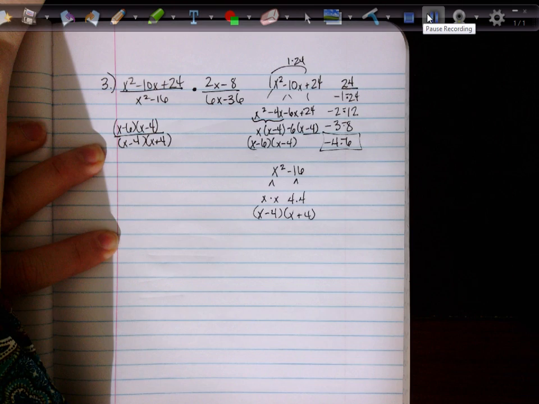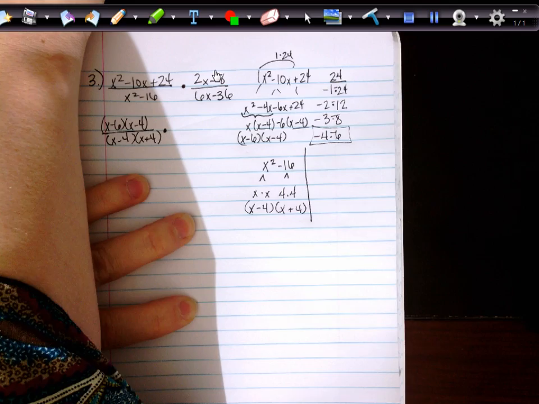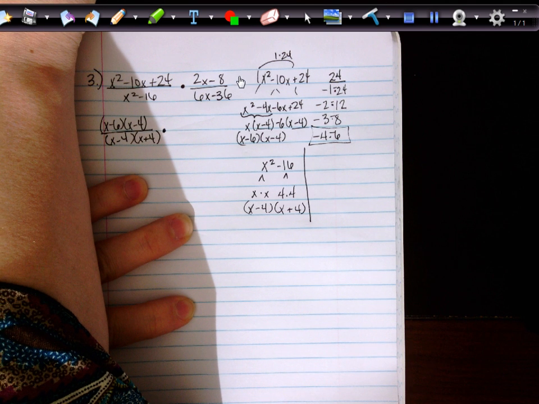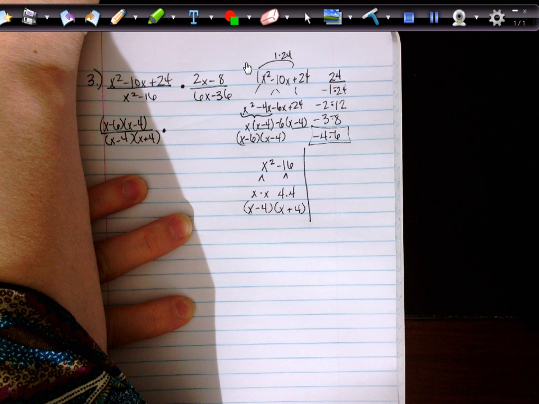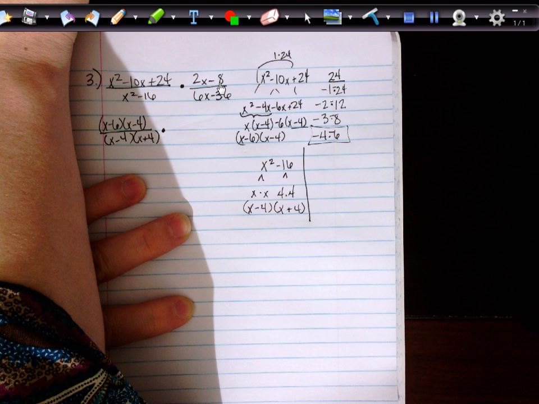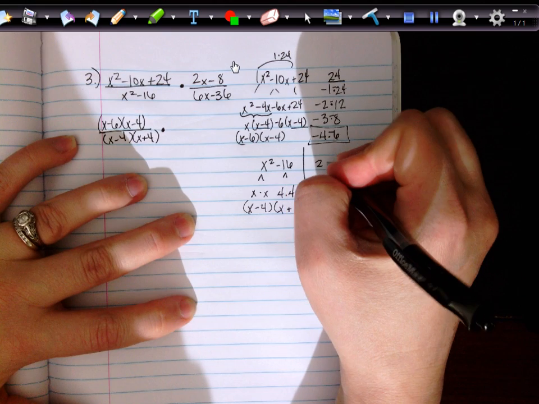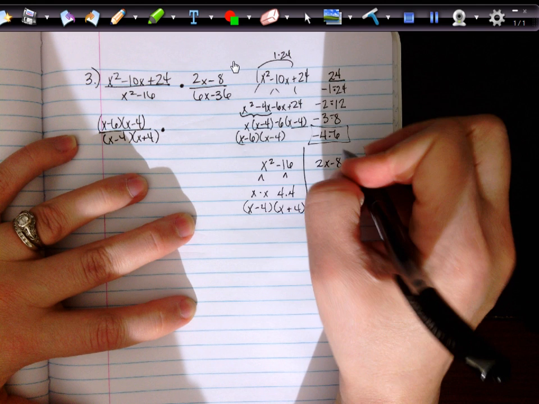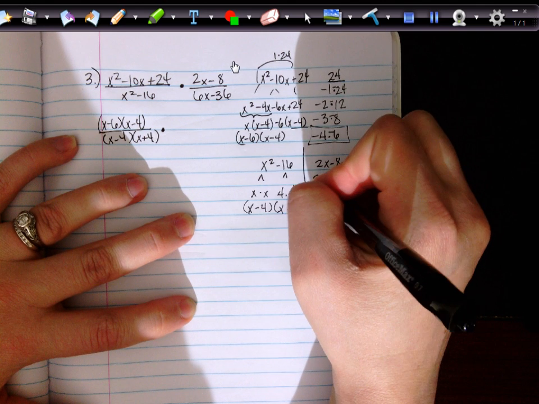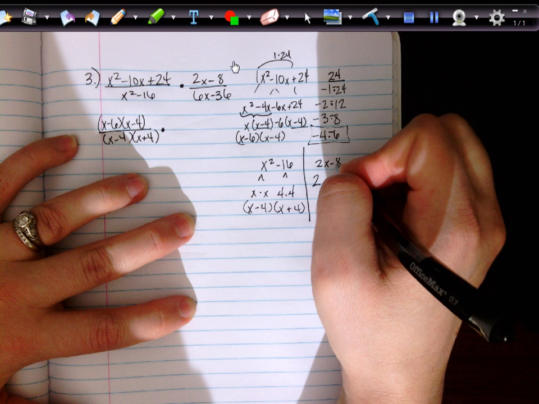And then we're going to look at our second fraction. So in this second fraction, my numerator, 2x minus 8, there is a GCF between 2 and 8. So I'm going to look at my factor sheet if I'm not sure what it is, and I'm going to see that the GCF of 2x and 8 is going to be 2.